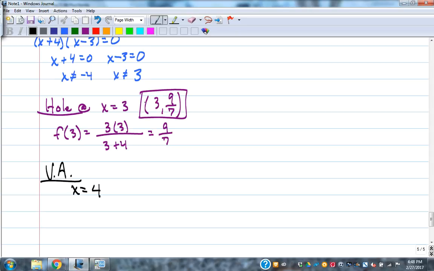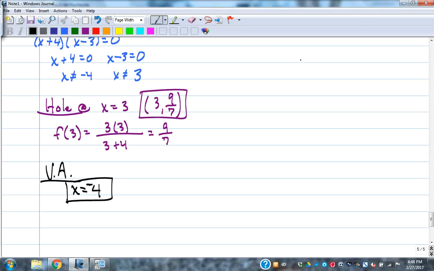Is it positive 4 or negative 4? Negative 4. The only thing left in the denominator was x plus 4. When you set x plus 4 equal to 0, that's what you're going to get. X equals -4. Remember, it matches the part of the domain that you found. Okay? Vertical asymptotes should be found somewhere inside of your domain. It won't exactly match your domain every time, but they should be in there somewhere.